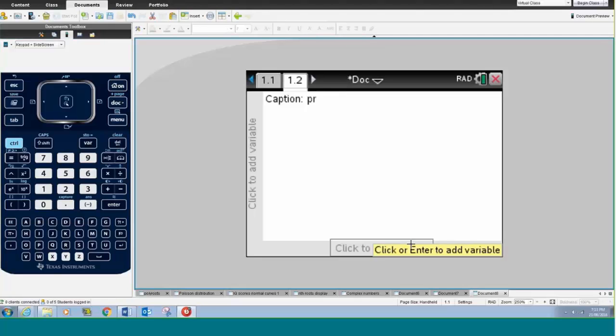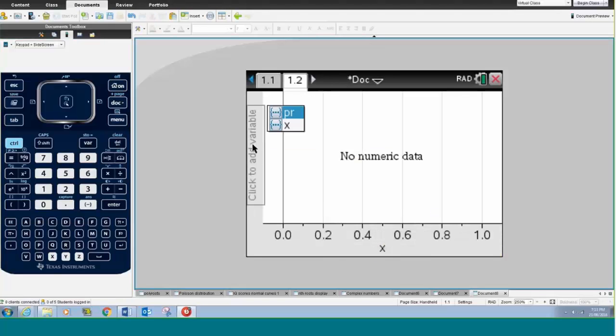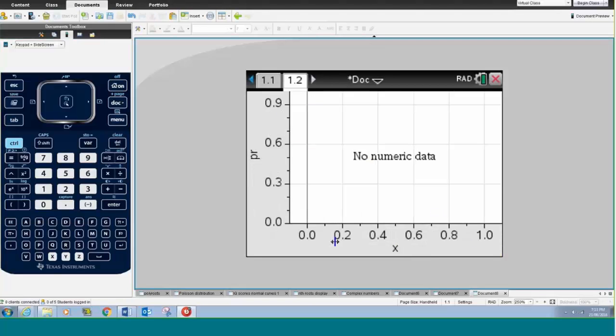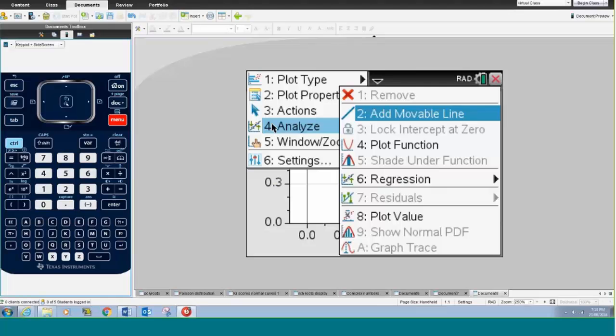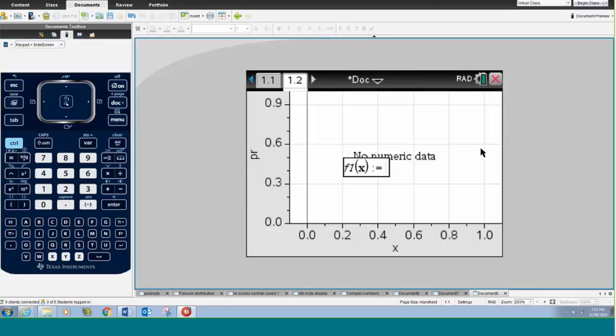Then I choose graph and I say I want x here and the probability then. Of course I don't have anything yet, but if we look at analyze, number 4 is plot function, number 8 is plot value, and also shade under function. That's why it is quite nice here.